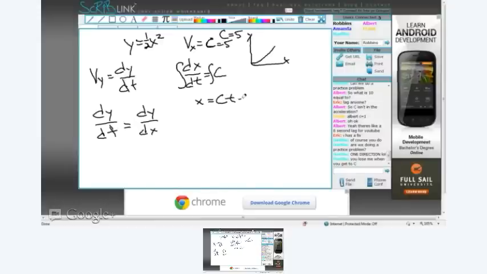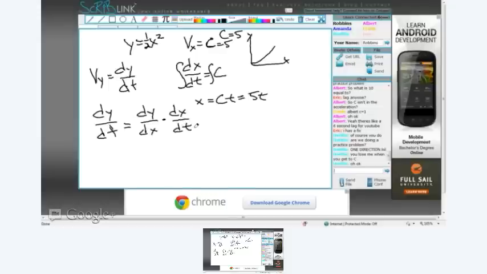So that would be equal to 5t. So dy/dx and then dx/dt. So that is the chain rule, and that works in a number of ways.